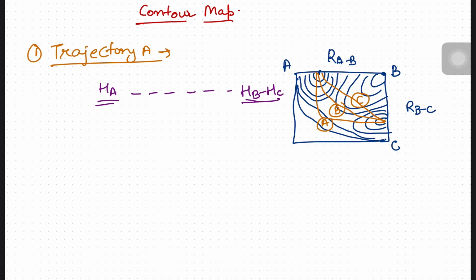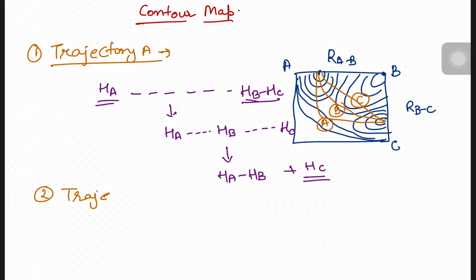It was very far away, but slowly HA will approach. So the distance between HA and HB decreases while the distance between HB and HC increases. Finally, what happens? There is a formation of a bond between HA and HB, and HC will separate out. So this is trajectory A.